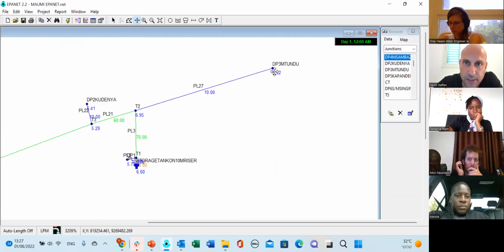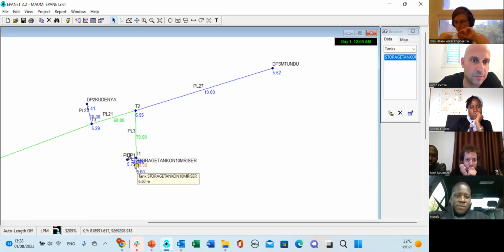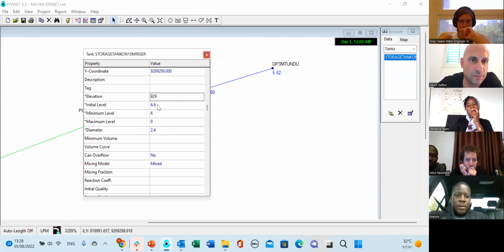And we can see that, let's take, for example, DP3, this one. You can see that in the original design, we have a pressure of about 5.5 meters. Why is that? Because this is the worst case scenario. The tank is not completely full, okay? The initial level is 6.6, but I wanted to give a little bit more pressure. So I wanted to simulate a situation when the tank is full.